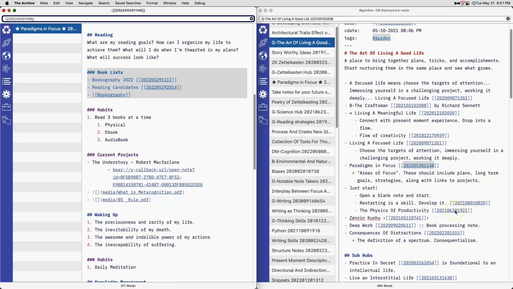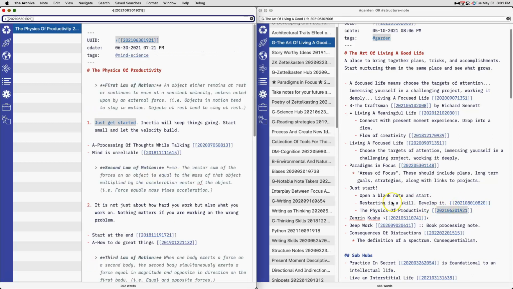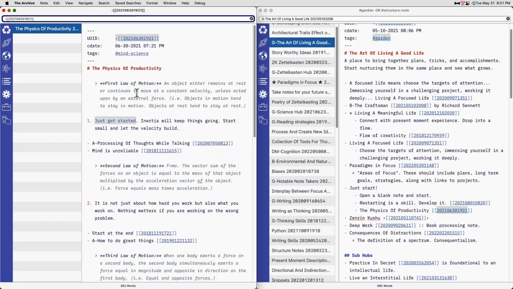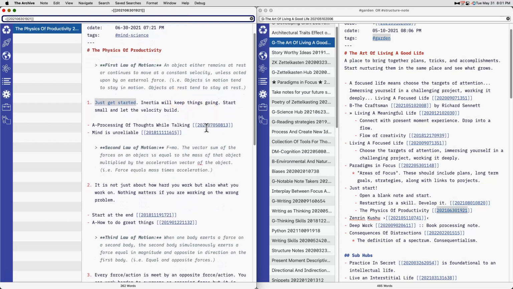Physics of productivity. That's interesting. Let's see, what is physics of productivity? First law of motion. Okay, get started.